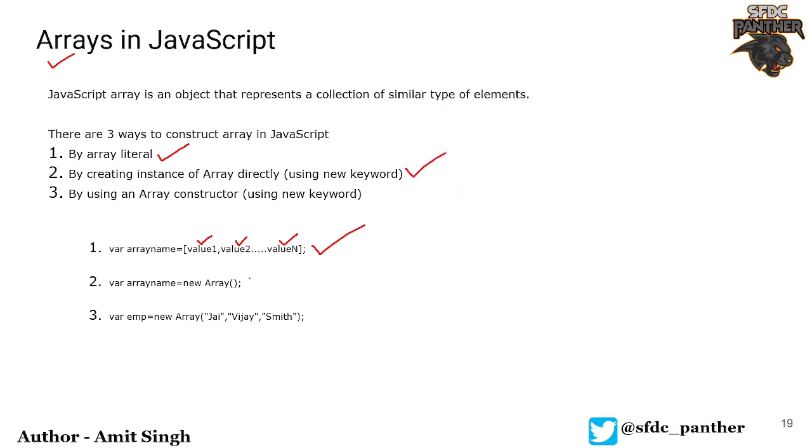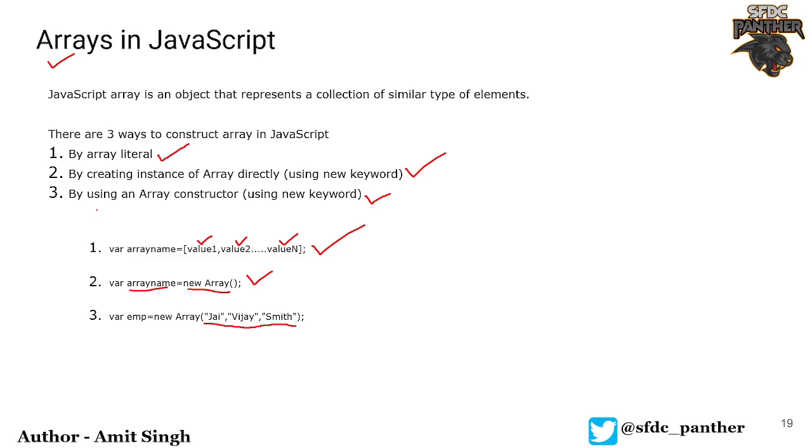If you see here, we have got a new Array, with the array name, and this is just creating a blank array. Number three is using the array constructor with the new keyword. When we talk about the array constructor, that means we are going to provide multiple elements, from element 1 to element n. There is no such limitation for providing elements inside the array.